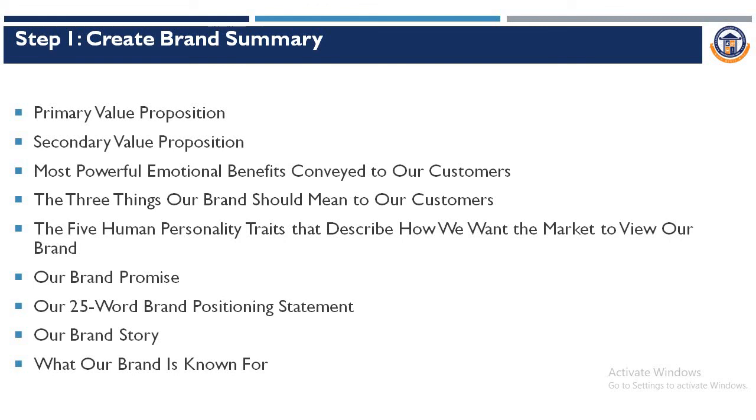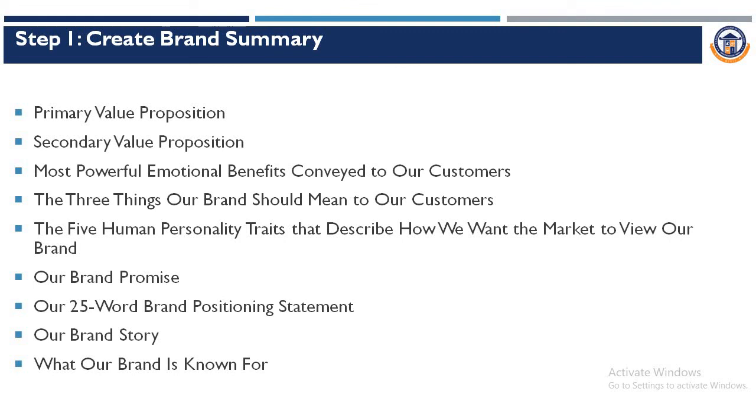Then five human personality traits that describe how we want the market to view our brand. So if I say your brand, for example Hamam, what are the five personality traits you want the market to attribute to your brand? And then the brand promise, what promise the brand is giving to the customers, and our 25-word brand positioning statement, that is also to be finalized.